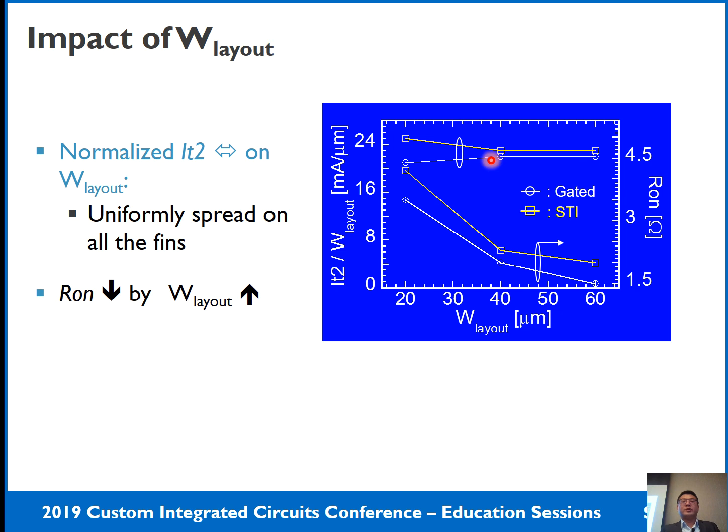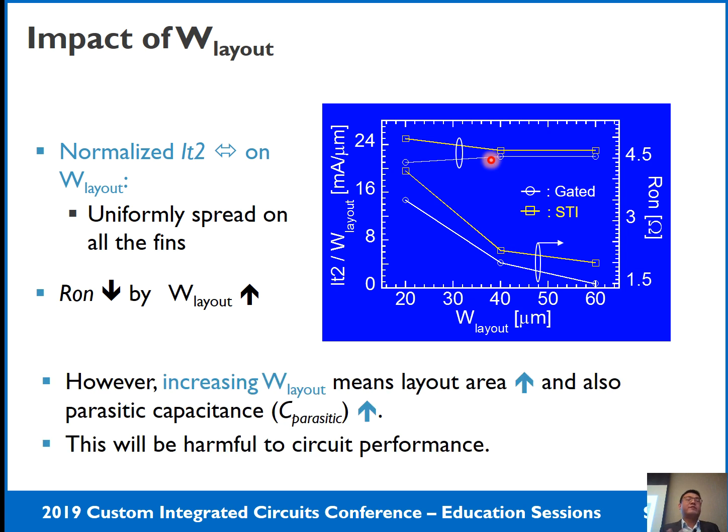Then the R-on can be reduced by increasing the layout width. However, increasing the layout width means the layout area will increase. It's a layout penalty. Also the parasitic capacitance will increase, which is harmful to your circuit performance. So this needs to be prevented.